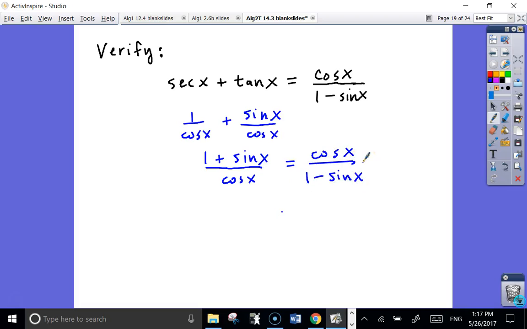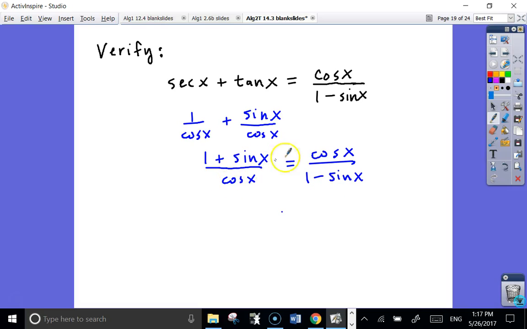Now, we don't have the left side equals the right side. But does anybody see what we could do to simplify that? How about cross multiply? If I cross multiply, I'm going to get the 1 plus sine x times 1 minus sine x. That's 1 minus sine squared.